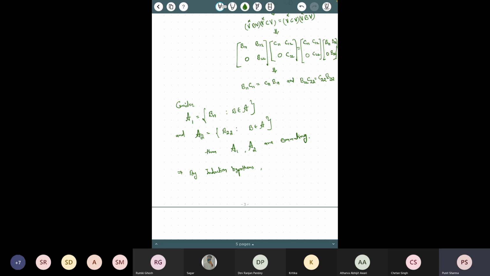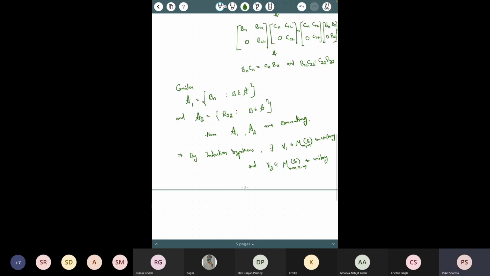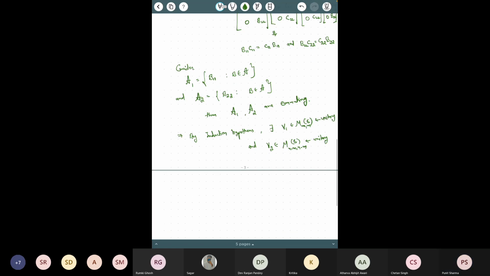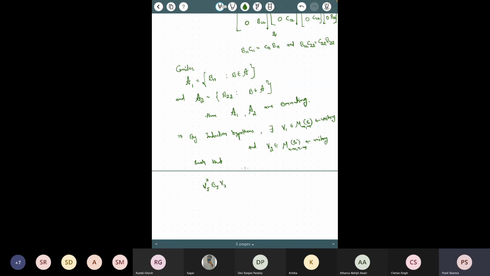They are commuting. So now by induction hypothesis, there exists V1, a unitary matrix of size m cross m, and a matrix V2, unitary, of size n minus m cross n minus m over C, such that Vj star B Vj is upper triangular for each B in the family and j equal to 1 and 2.